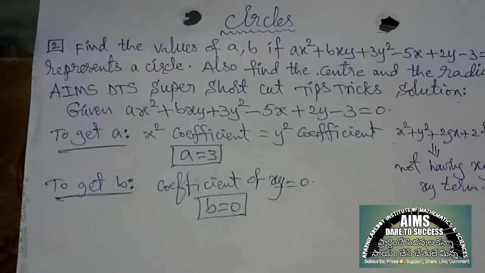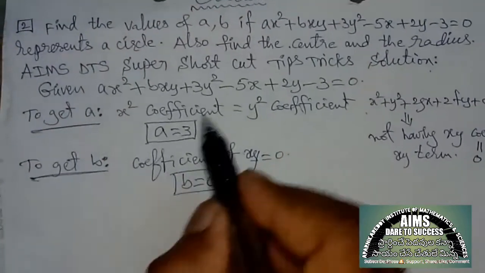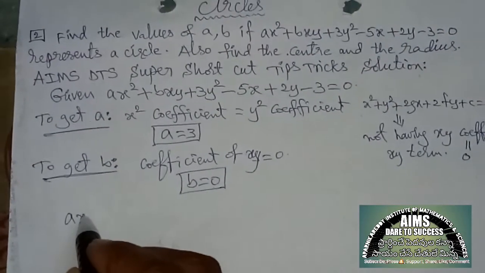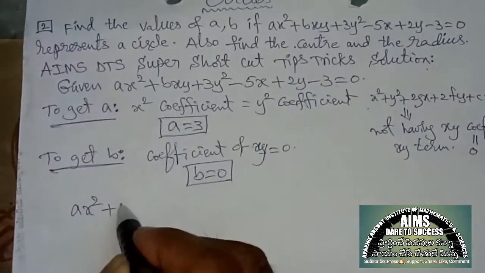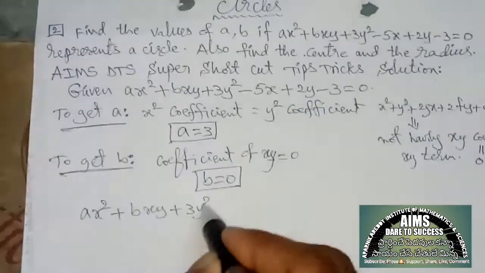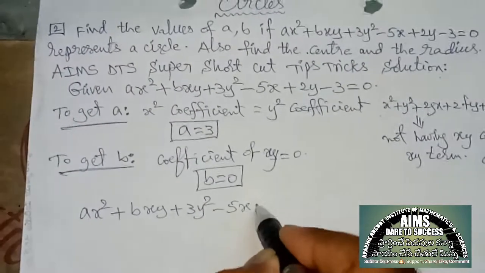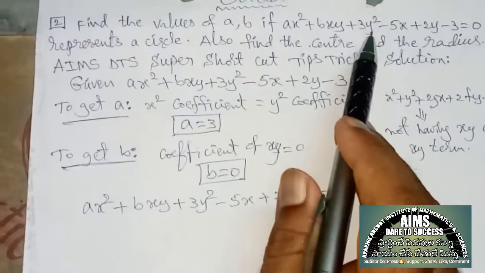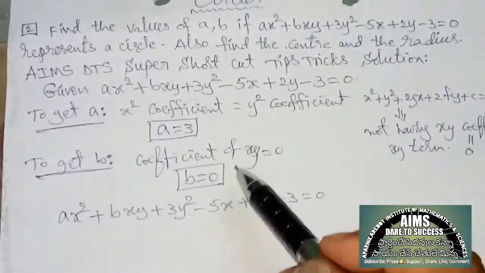After getting a and b values, you can substitute in the given equation of the circle. So that equation is ax square plus bxy plus 3y square minus 5x plus 2y minus 3 is equal to 0, the equation of the circle, that is the given value.